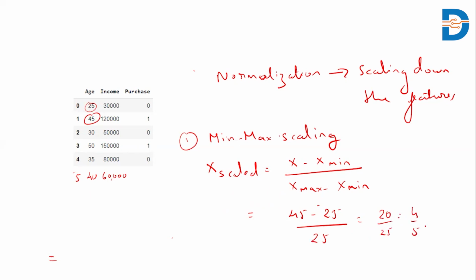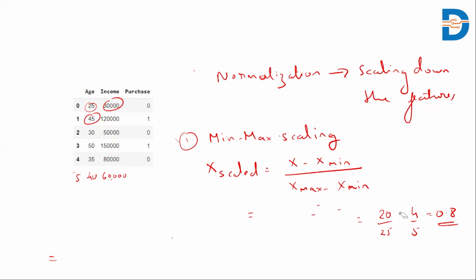That is going to be about 0.8. So the idea is your 45, this particular feature, is going to get scaled down to the value 0.8. Similarly, you can apply the same methodology to your income as well.